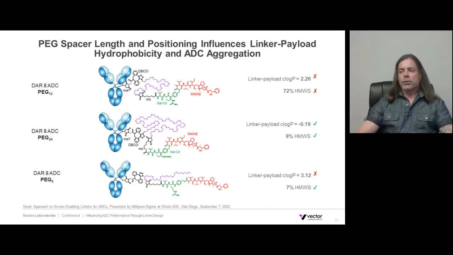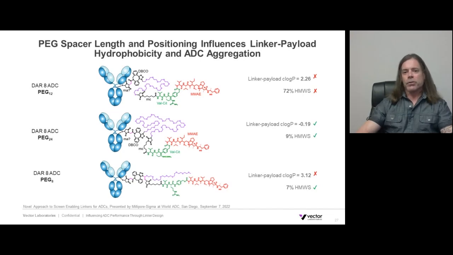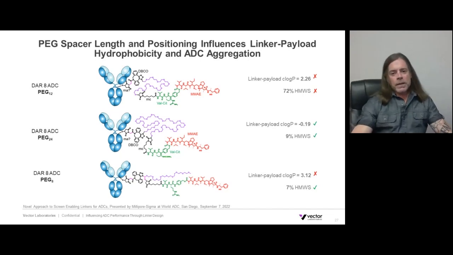They've incorporated the hydrophobic DBCO reactive group, tried to offset the hydrophobicity with the PEG-12 spacer, but over on the right, you can see that this wasn't really enough to do the trick, and it's still 72% aggregated. In the example in the middle, what they've done is replace the PEG-12 spacer with a PEG-24 spacer. And over on the right, we see that that did indeed reduce the hydrophobicity of the linker payload. And now this DAR8 ADC is only 9% aggregated.